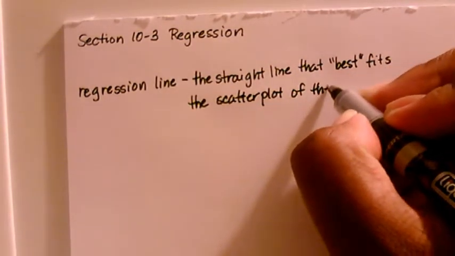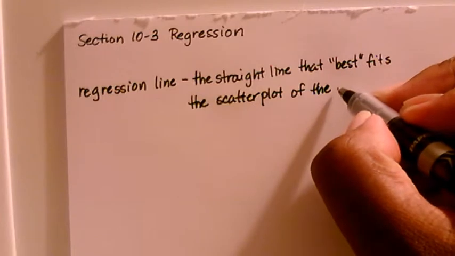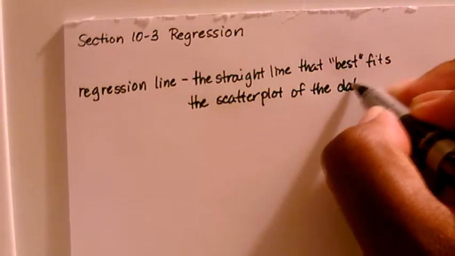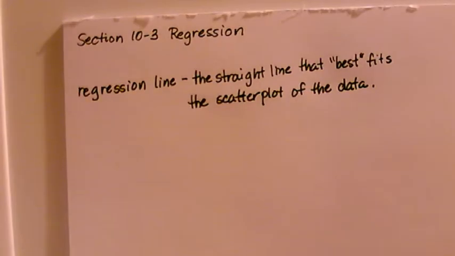Now, when we were talking about correlation, we did construct a scatter plot of data values, a pair of data values, and usually we can find a regression line that would be the best fit for that scatter plot of that data. So that's the definition of a regression line. Also, it's sometimes called a line of best fit or the least squares line.